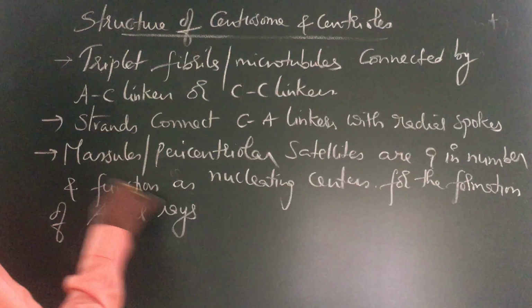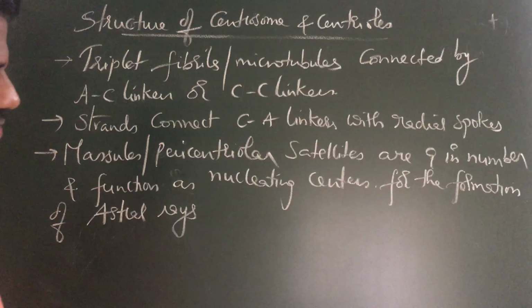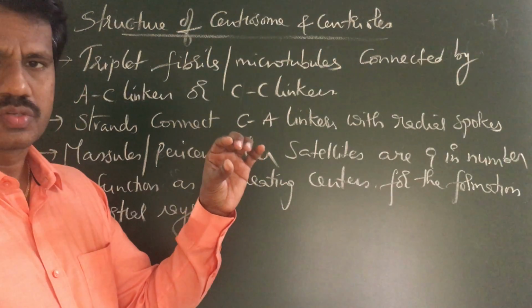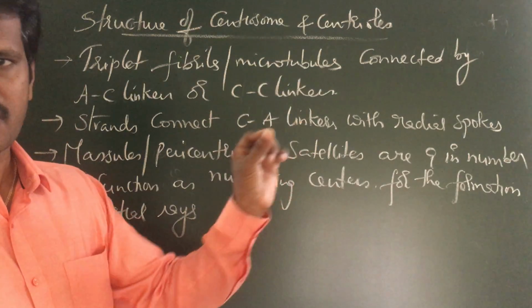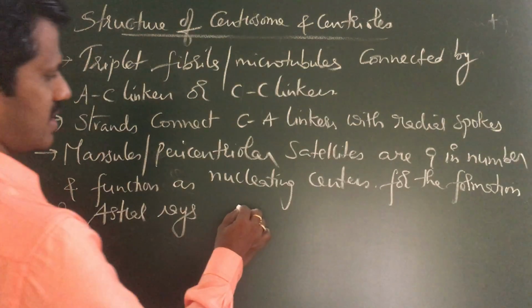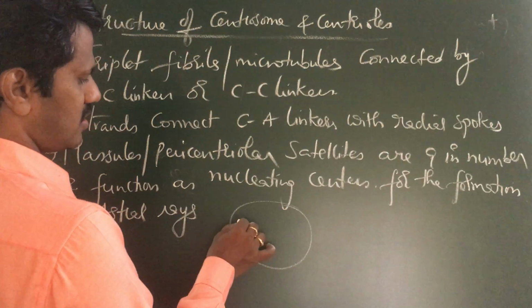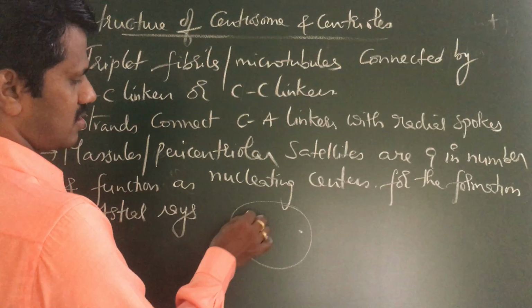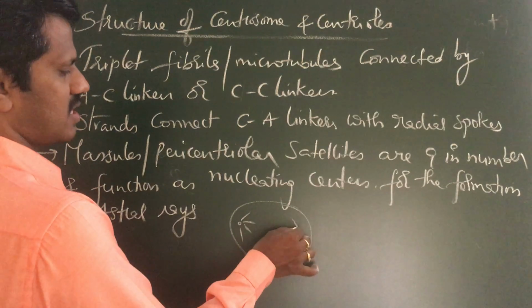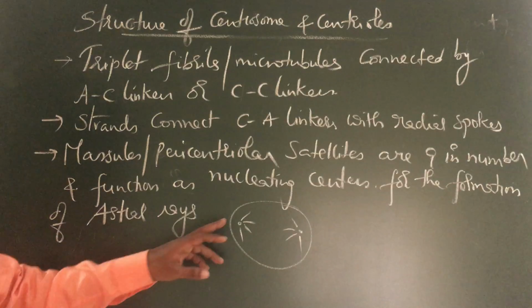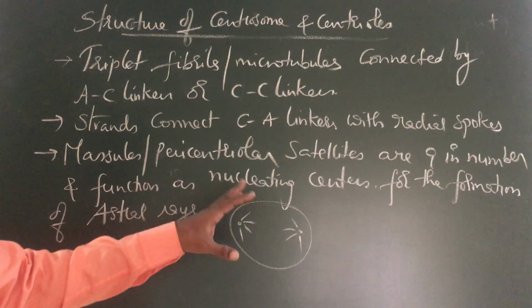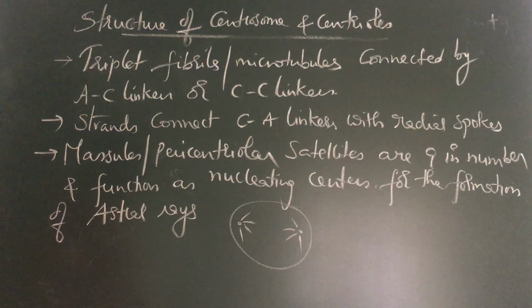See, astral rays, you know, in the process of cell division, from the microtubules at the periphery, astral rays are formed. During cell division in animal cells, these astral rays are first formed from the peripheral material, that is the massieules or satellites, and those in turn form the filaments.